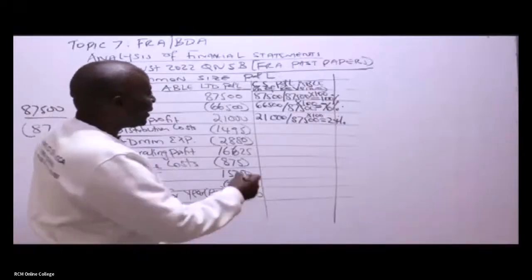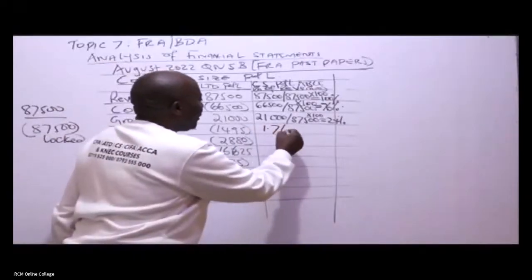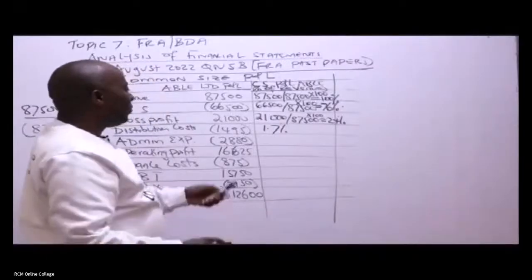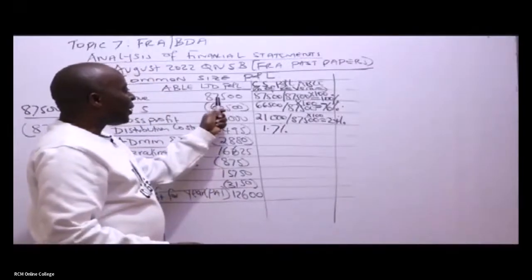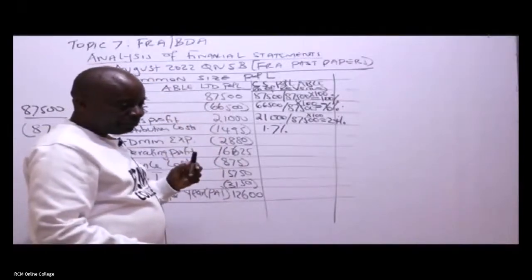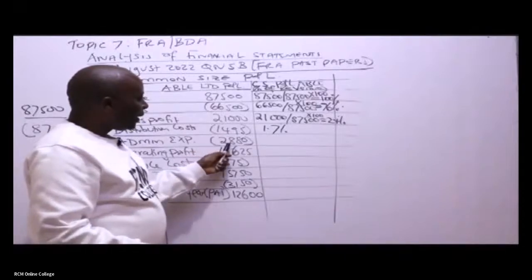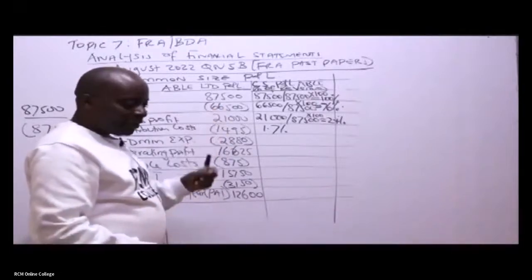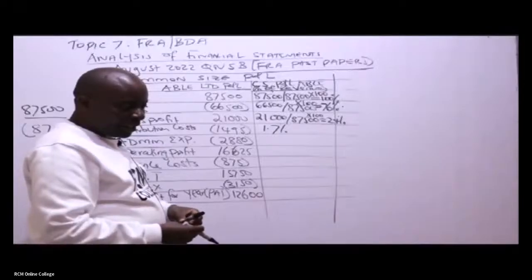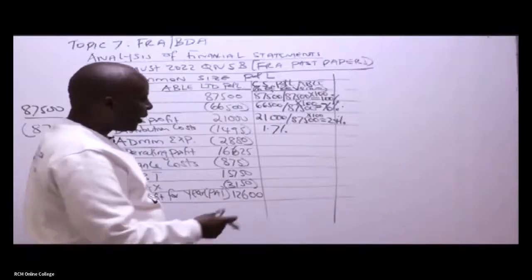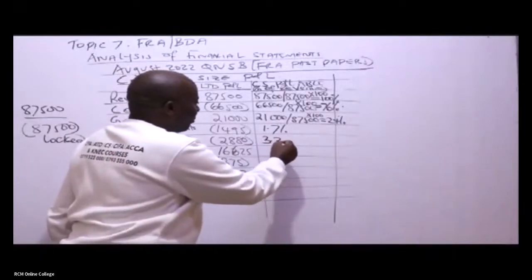So I'm being given 1.7%. Then you give me 2880 divided by 87,500. What are we getting, ladies and gentlemen? 3.3%. Thank you very much.